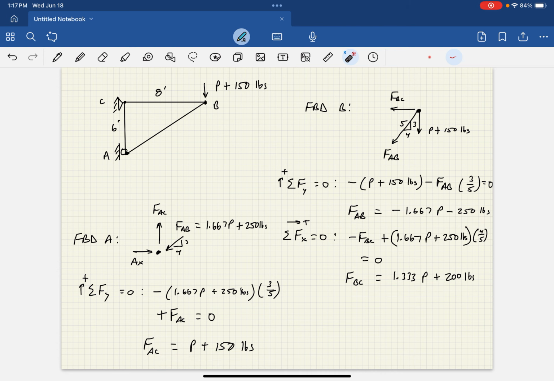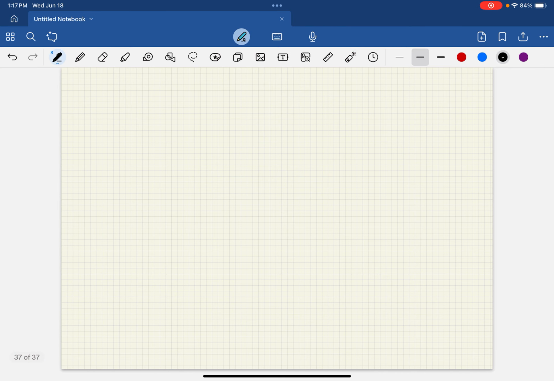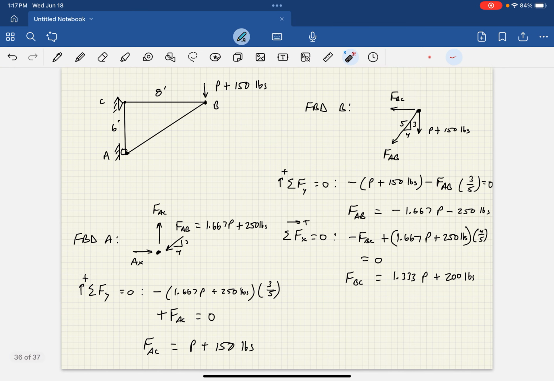Now I'm going to go to the next step of my process, and I'm going to find the partial derivatives of each one of these forces with respect to P, okay? So if I turn the page here, I'm going to say partial derivative dF of AB with respect to P. And so when I find that partial derivative of the force AB with respect to P, what does that mean?